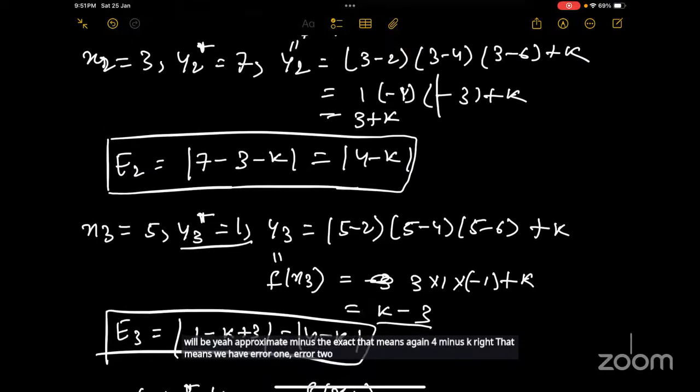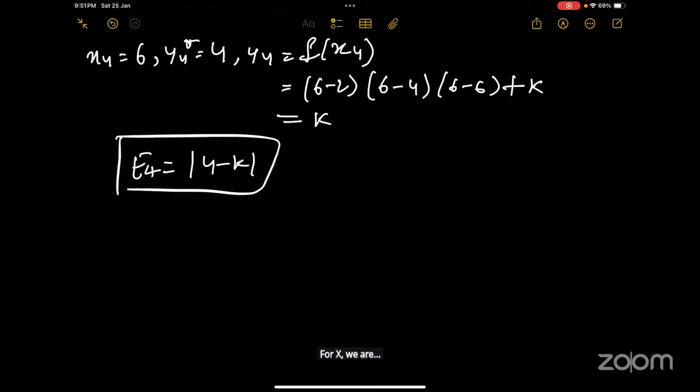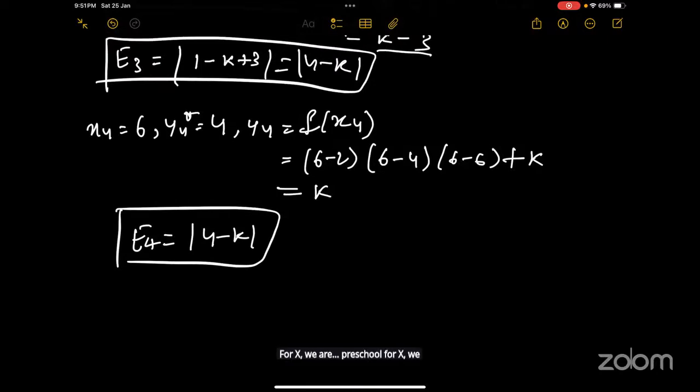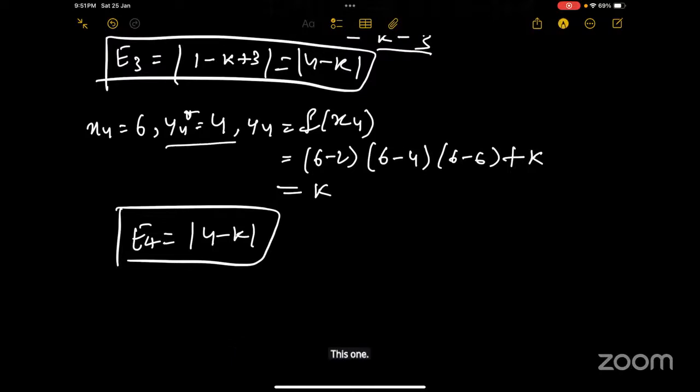Ma'am, for x we are taking 6 and putting in the approximation equation. Yes. Right? And what we have to do with 4, which is y? This one? Yes. So this is your exact value, and this is your approximate value.